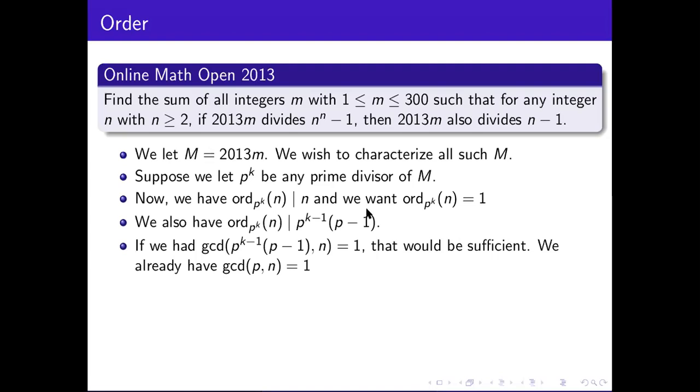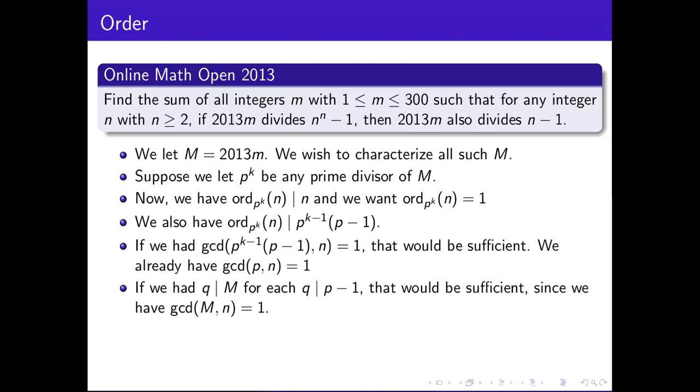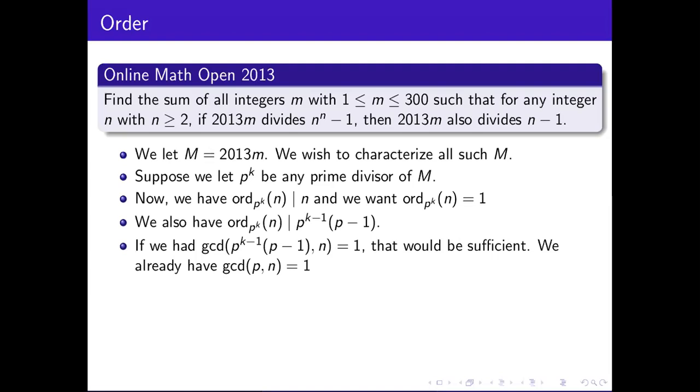Because if something divides two relatively prime things, then it clearly can only be 1. We already know that n is relatively prime to big M, and so that means that n is relatively prime to p. So now basically we want the GCD of p minus 1 and n to be 1.